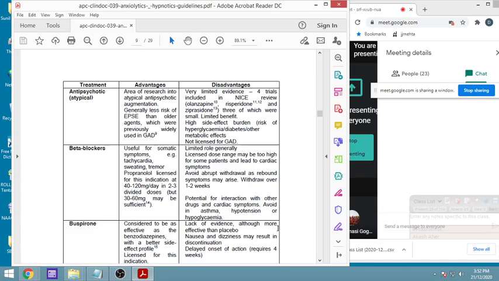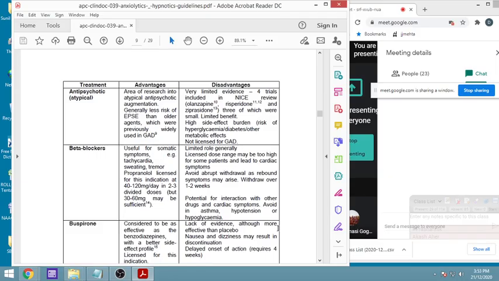Olanzapine, risperidone and ziprasidone are effective. There are high side effects with some of these agents, like hyperglycemia and diabetes, for example with olanzapine, and they are not actually licensed for generalized anxiety disorder, and therefore we call it off-label use. They are having off-label use.